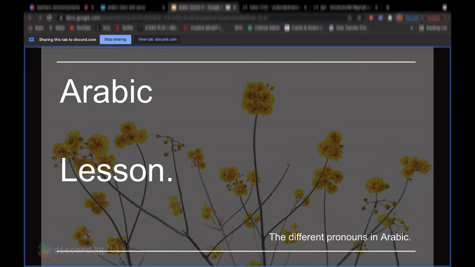And the reason why I decided to split it up into 3 lessons instead of just doing it all in one is because Arabic pronouns are a bit more complex. There are some pronouns that are words on their own, like in English, and some that are prefixes or suffixes. So let's start.